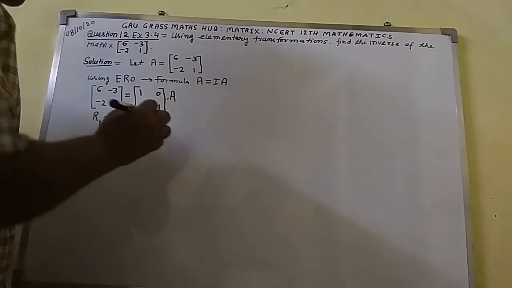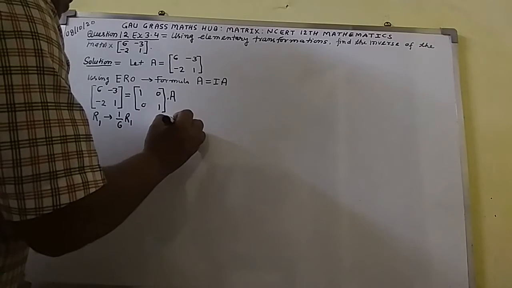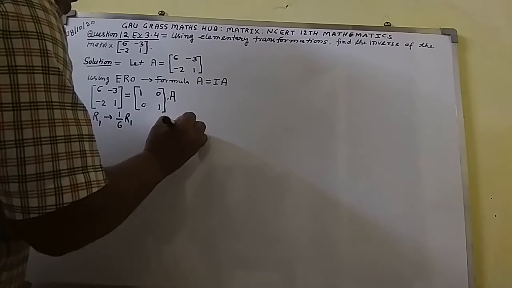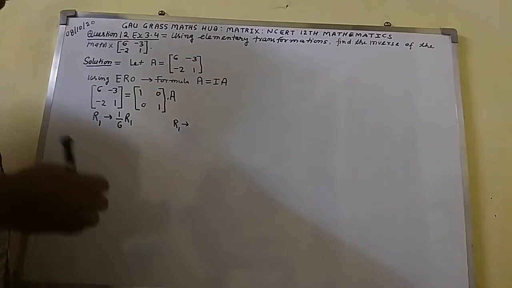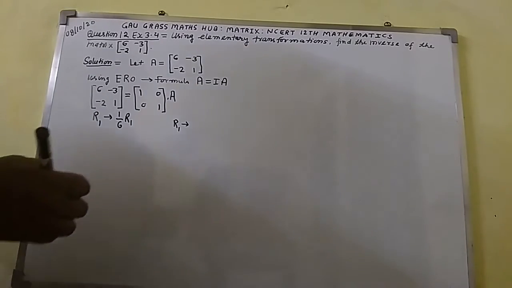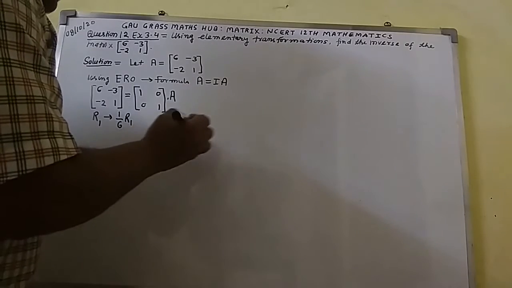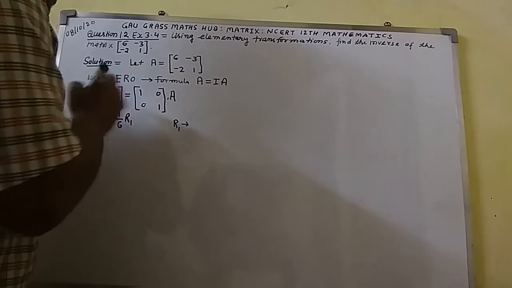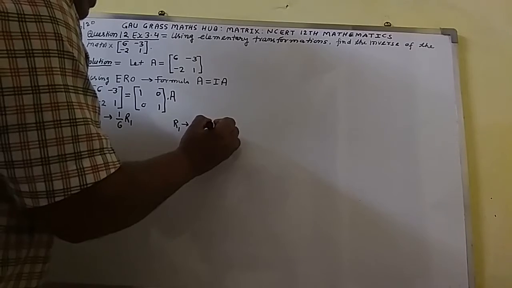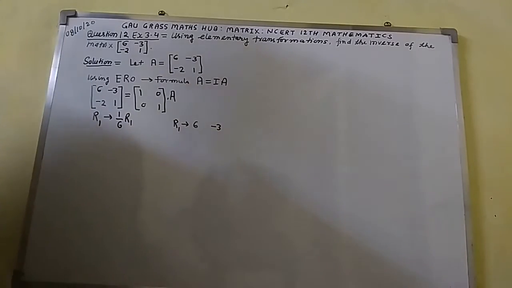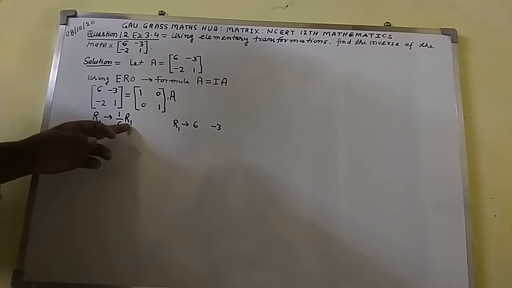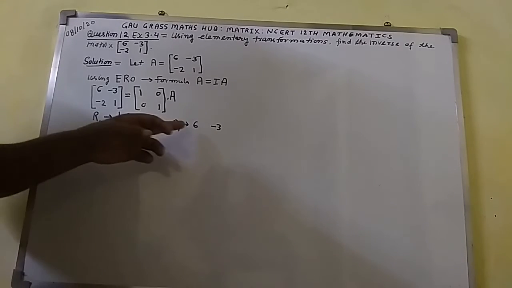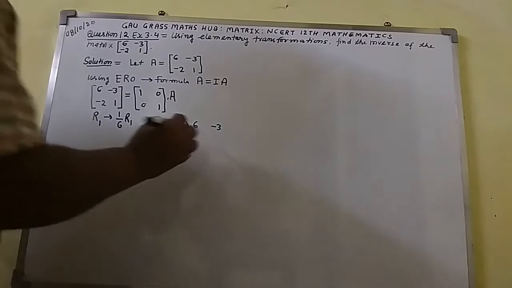So here I shall write R1 goes to, the elements of R1 should be written first. The elements of R1 in this matrix are 6, -3.